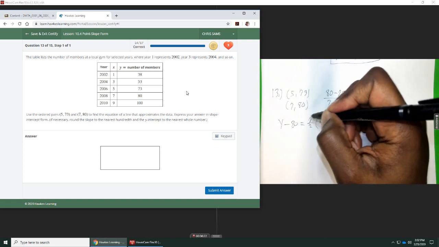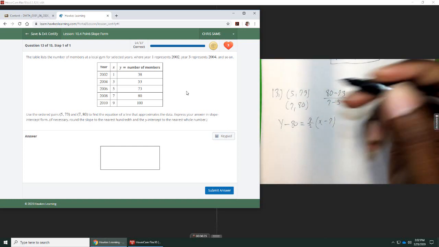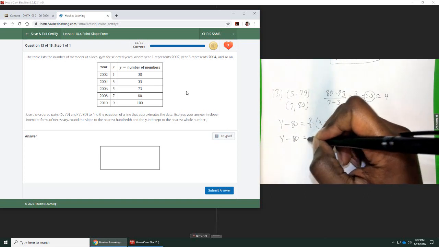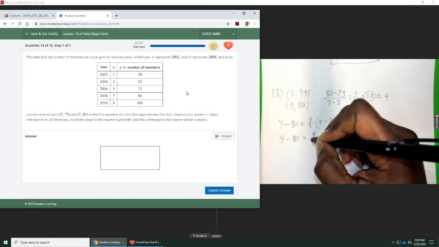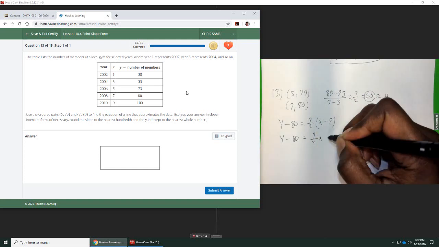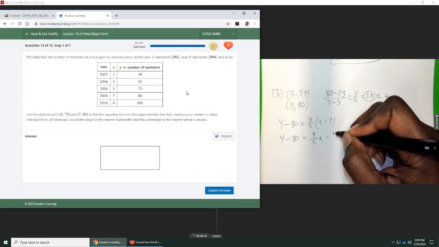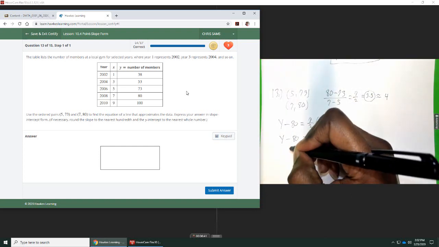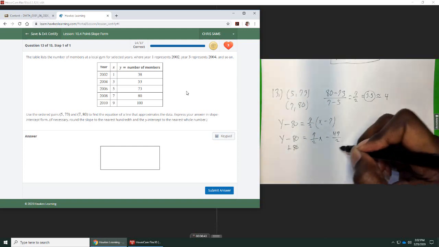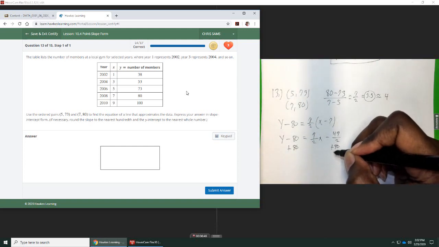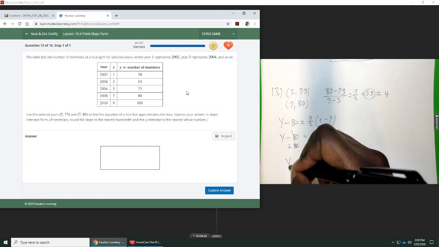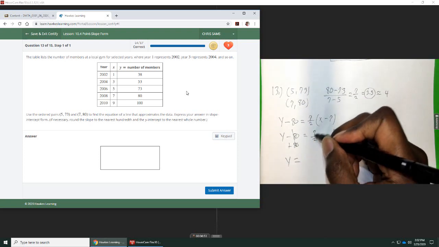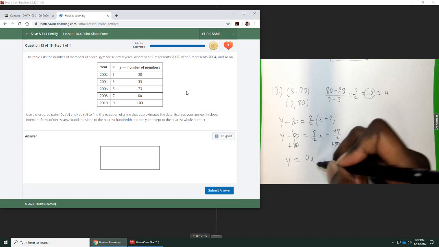So distribute the 7 over 2. Y minus 80 equals 7 over 2x minus, this will be 49 over 2, and then add 80. Alright, so when we add 80, and now at this point I can round this because I won't have to use this anymore, so we'll say about 4x.